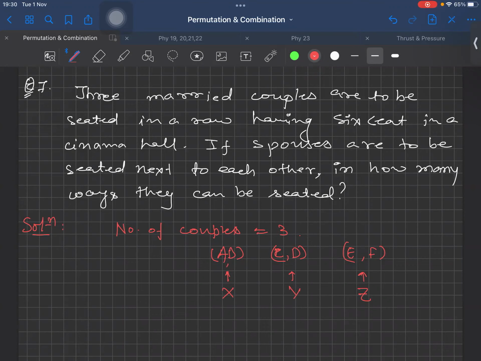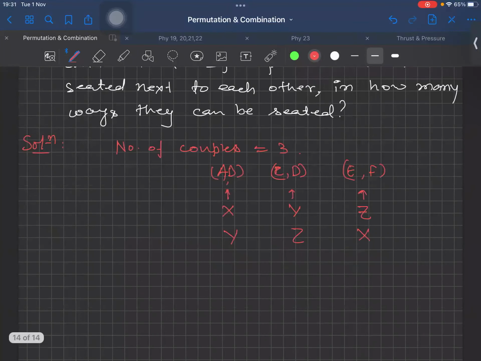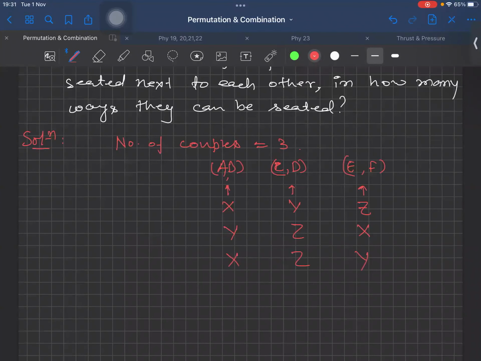They can be seated like X, Y, Z, or Y, Z, X, or X, Z, Y, or Y, X, Z, and what else? Z, X, Y, and Z, Y, X. So these are the ways, that means 3 factorial ways these couples can be arranged, right?